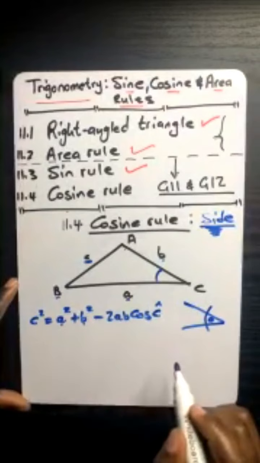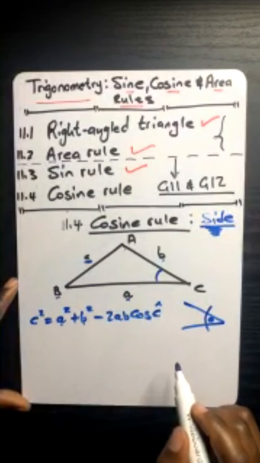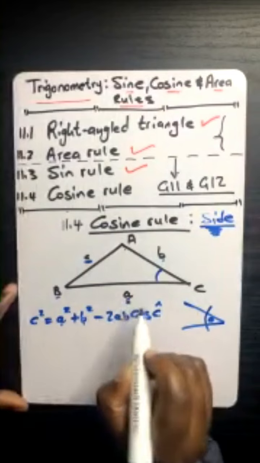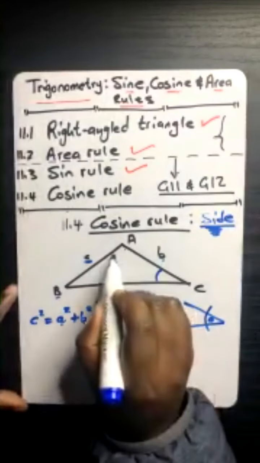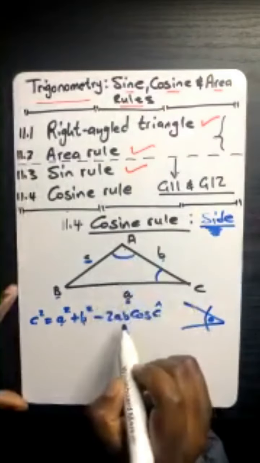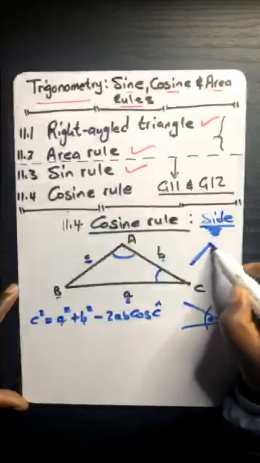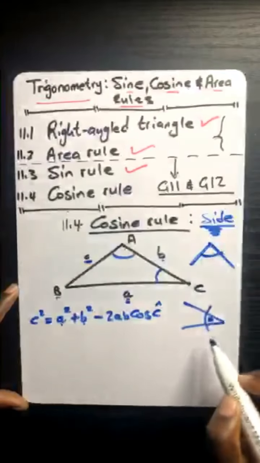Choose another side. I will formulate A. Okay, where's A? There is A. It's opposite that angle, which means when I formulate, I'm going to concentrate on this side and that side and the angle in between.